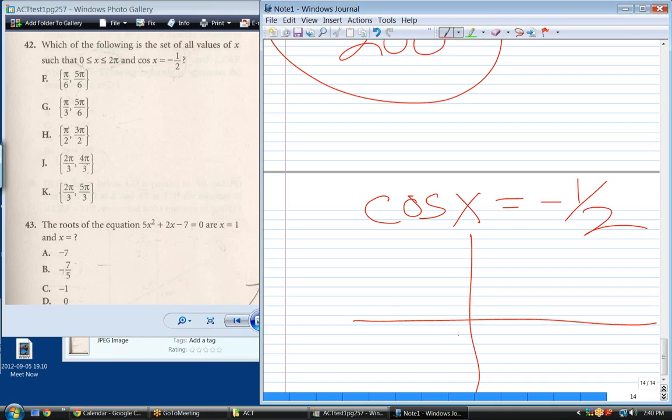If you remember the unit circle, there are 4 quadrants. And if you remember, All Students Take Calculus. Did you learn that? That tells you which trig functions are positive in which of these quadrants.